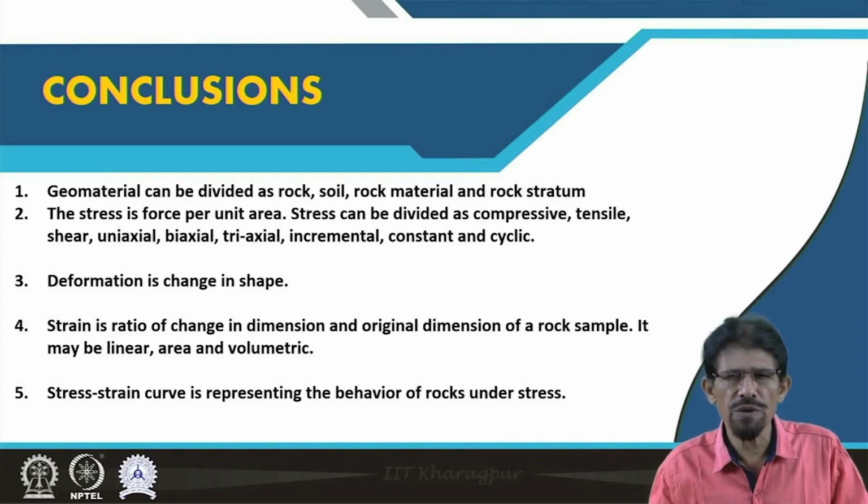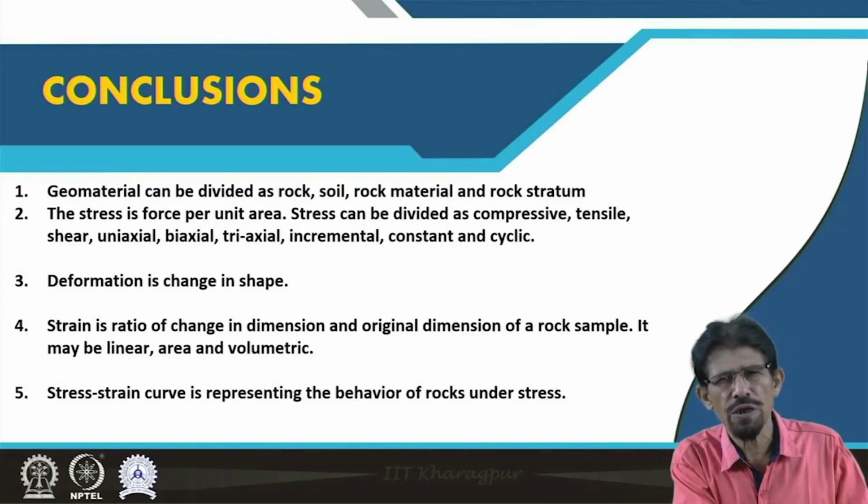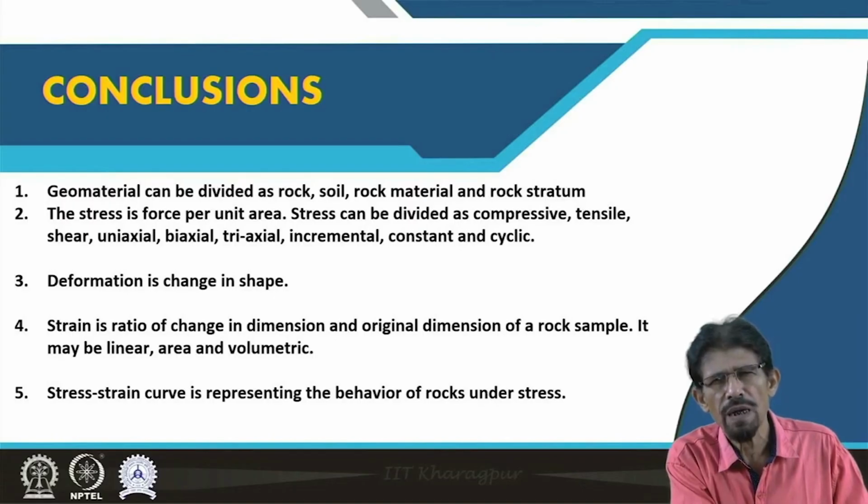The deformation is actually a change in shape. The strain is a ratio of change in dimension and original dimension of a rock sample or any material. It may be linear, it may be areal, it may be volumetric. The stress-strain behavior is representing the behavior of rocks under stress.